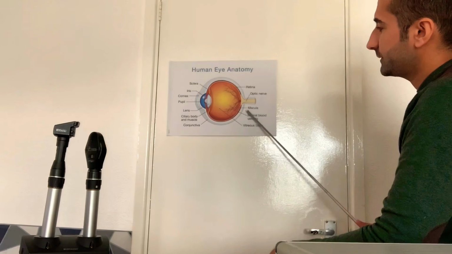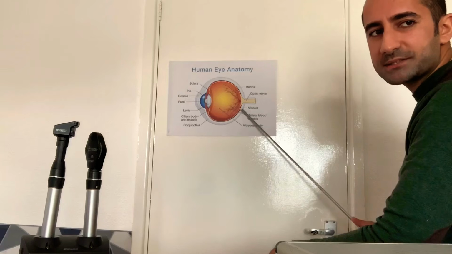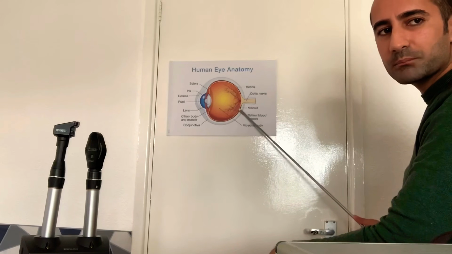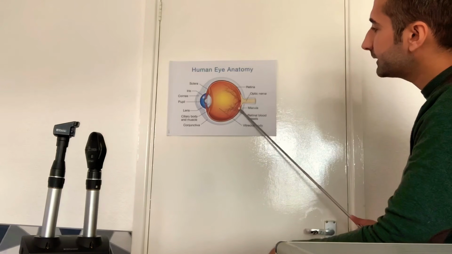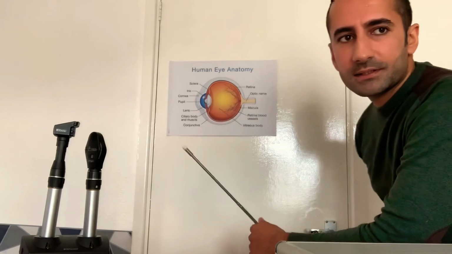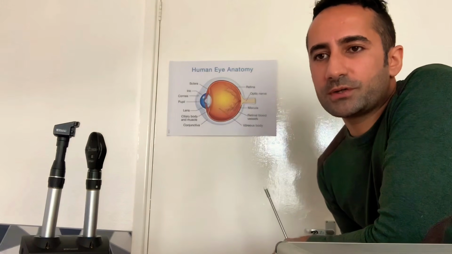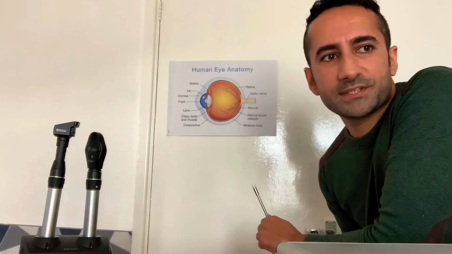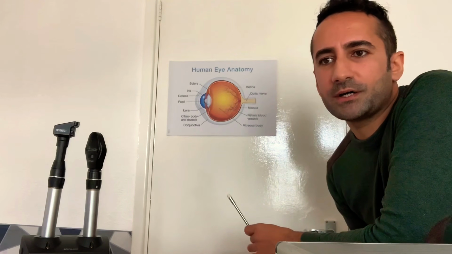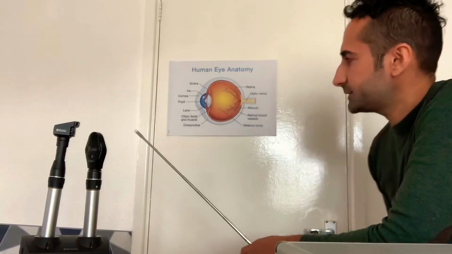So, staying within the retina, we have the macula here. The macula has a high concentration of cone receptors, a specific type of photoreceptor, the cones.